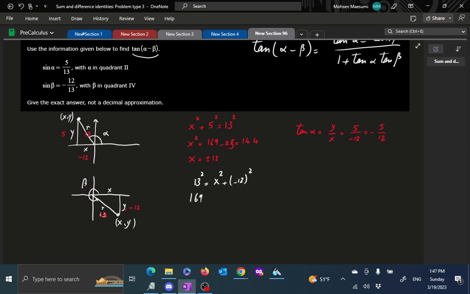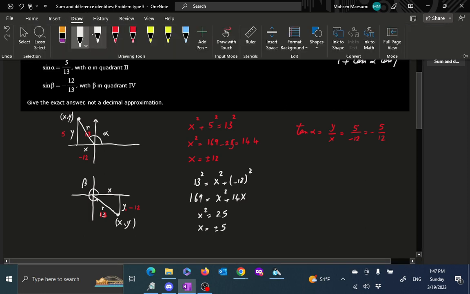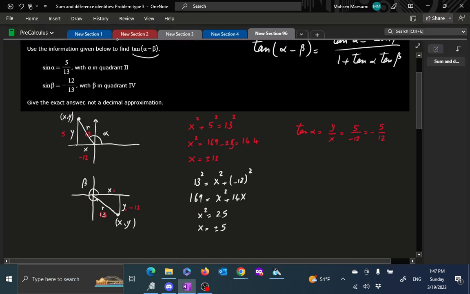So 169 is x squared plus 144, and x squared becomes 25, so x is plus or minus 5. Given that we are in the fourth quadrant, x has to be positive, so x is plus 5.